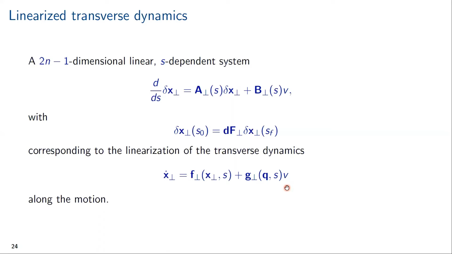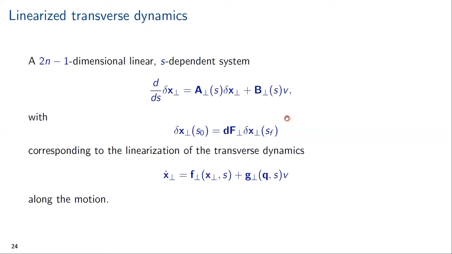Now, in order to design a stabilizing controller for this system, we want to linearize these dynamics. That is, we derive the so-called linearized transverse dynamics, which is a hybrid periodic linear system in which, at a given endpoint of this motion generator, we go through a map defined here as a sort of differential of the mapping f in the transverse direction.